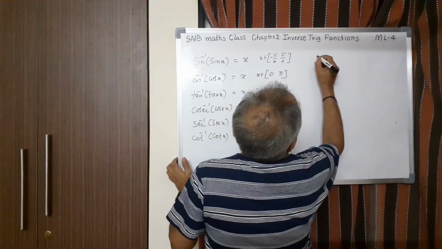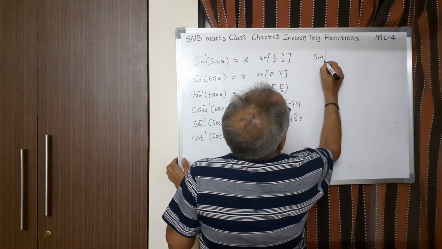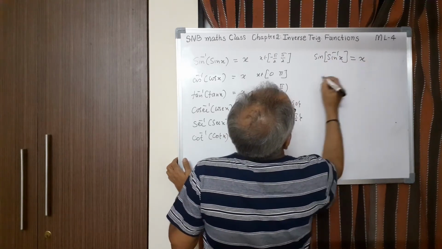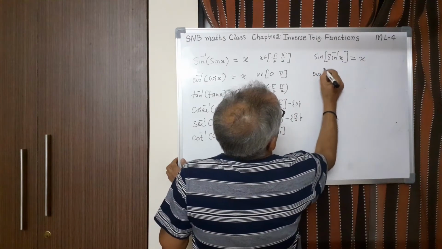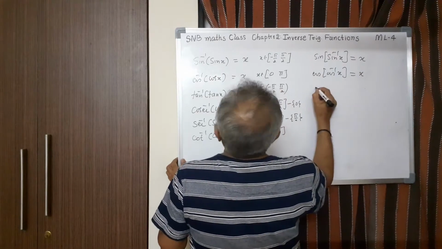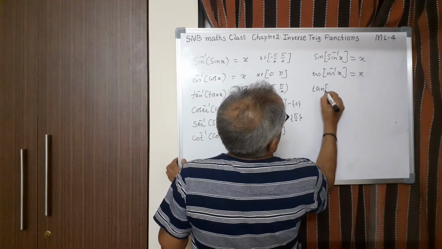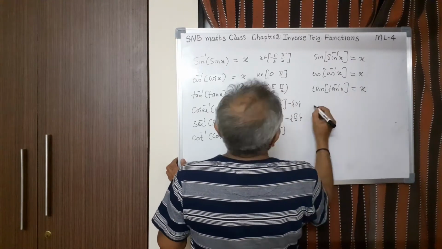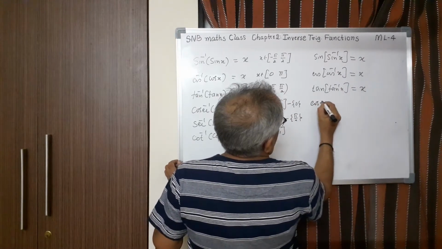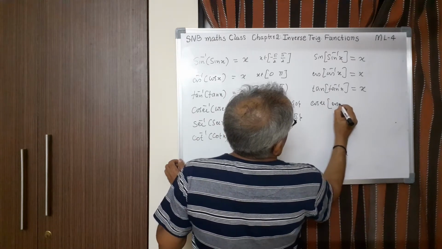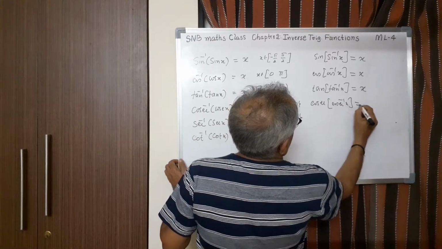For example, I can also write sine of sine inverse x, this is also x only. Then cos of cos inverse x, this is also x. Then tan of tan inverse x, this is also x. Then cosecant of cosecant inverse x, this is also x.